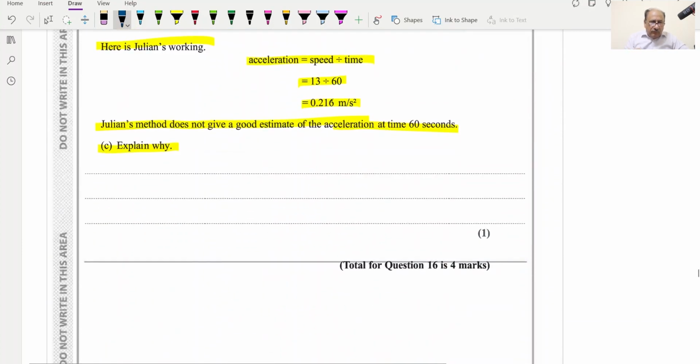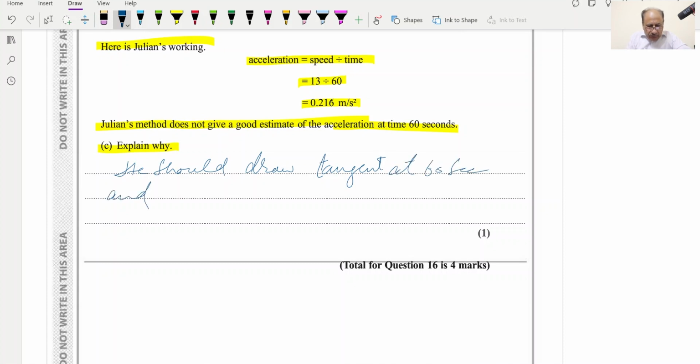So we will write, he should draw a tangent at 60 seconds and find the slope of the tangent for acceleration.